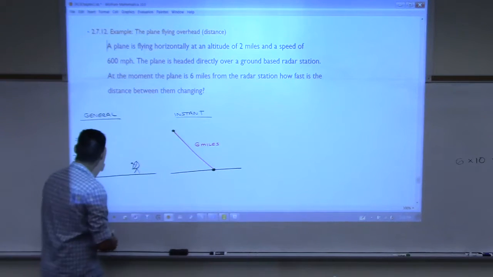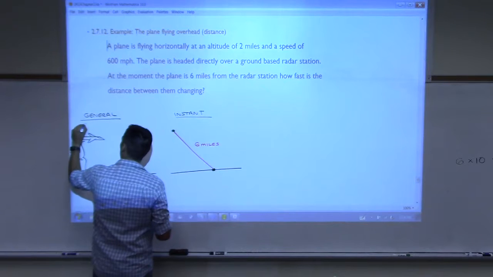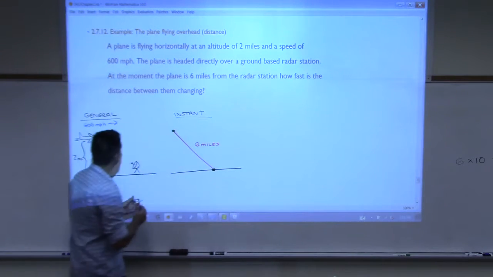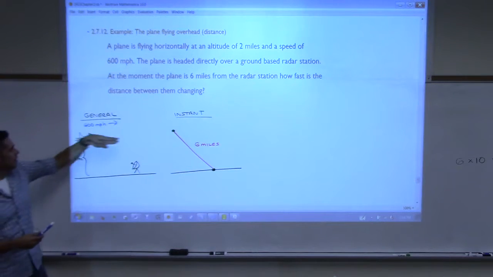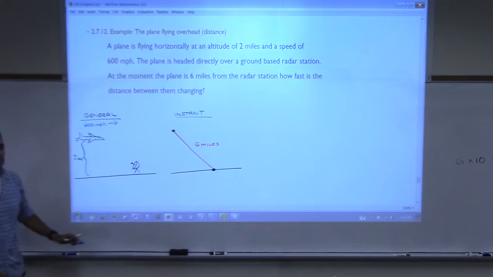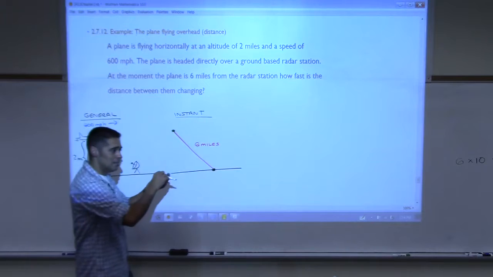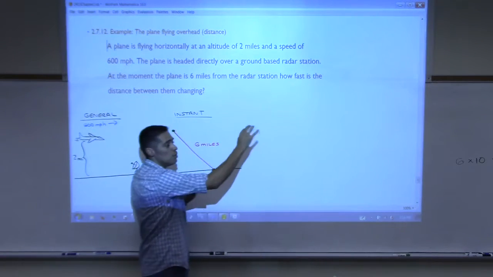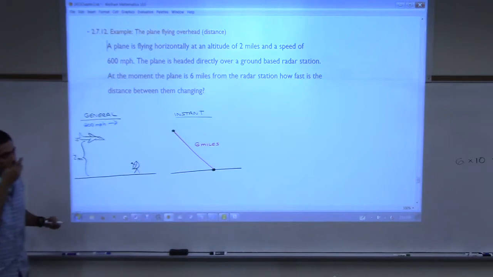What I could do is just up here write 600 miles per hour in that direction, to let everyone know the plane is moving in that direction at 600 miles per hour. It's kind of like when you were asking about the dr dt on the circle. You can't put it on the circle because that point's moving. Okay, are we all right so far?